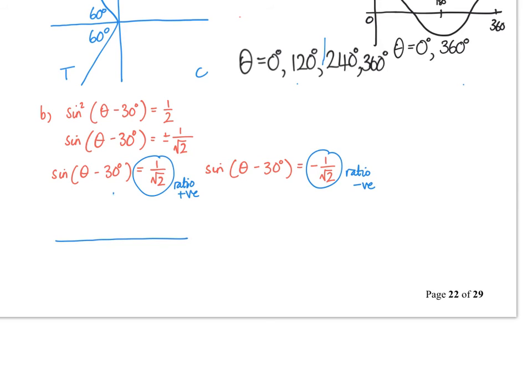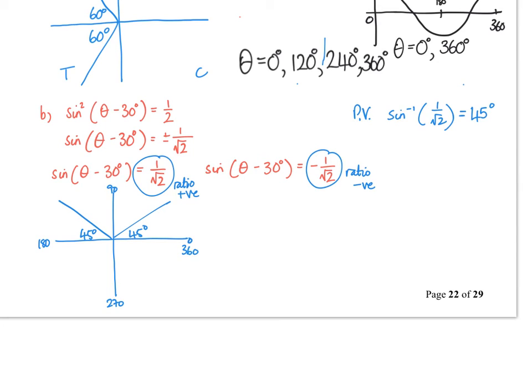Looking at the principal value, if we do the inverse sine of 1 upon root 2, we get an angle of 45 degrees. So for the positive one, it's going to be in the first and the second quadrant, 45 degrees, going from 0, 90, 180, 270 and 360.